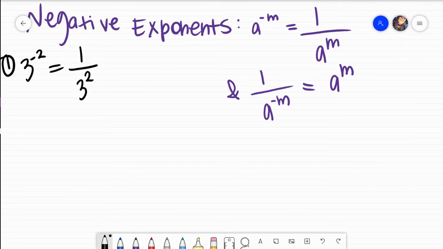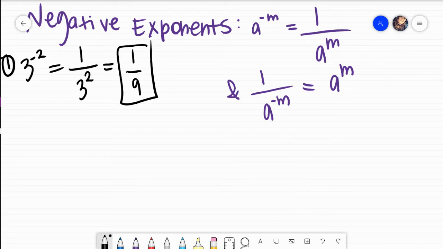Now, as far as the homework's concerned, because that exponent is just a 2, it probably would go ahead and tell you to evaluate that. And what you would do is what we learned in our first video for 12.1, which was 3 squared is 3 multiplied to itself 2 times. So 3 times 3 would be 9. And that would be your final answer.